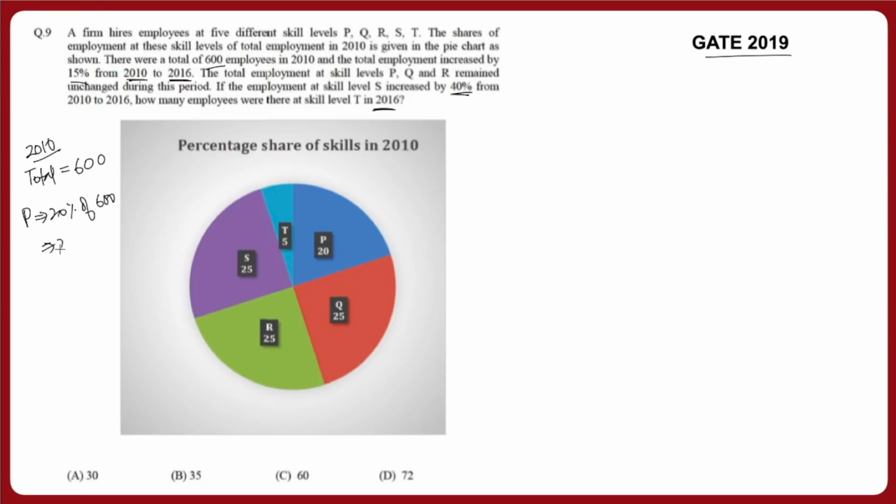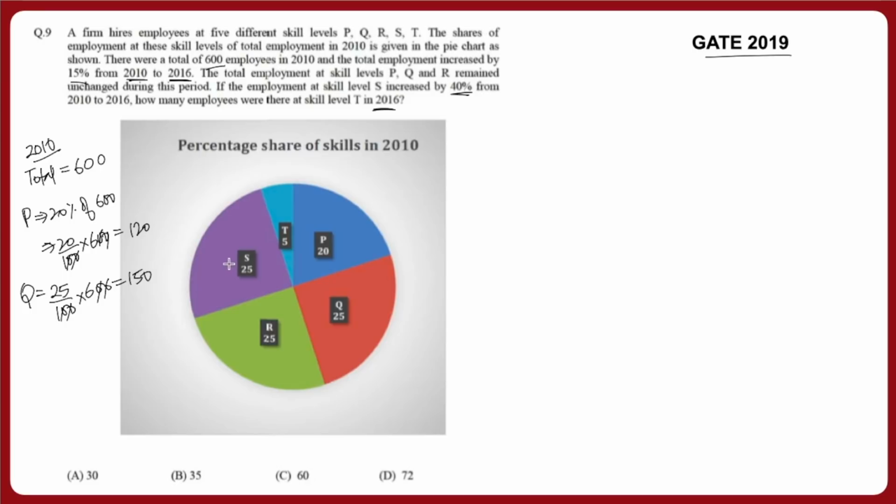I'll directly do it. So 20 divided by 100 into 600, and if you solve this, you will get 120. So the number of persons which have P skill is 120. Similarly for Q, which is 25%, that will be 25 divided by 100 into 600, and if you solve this, you will get 150.